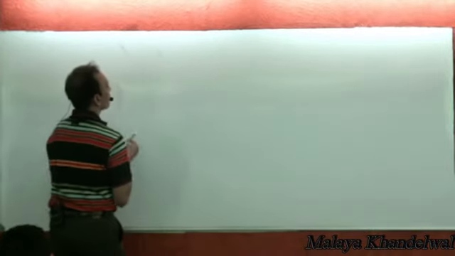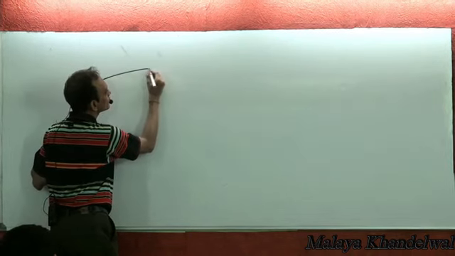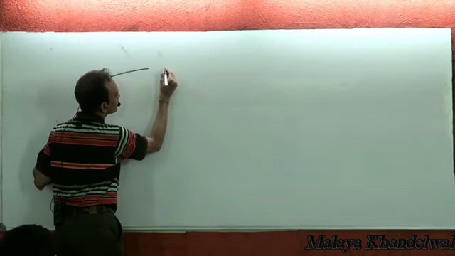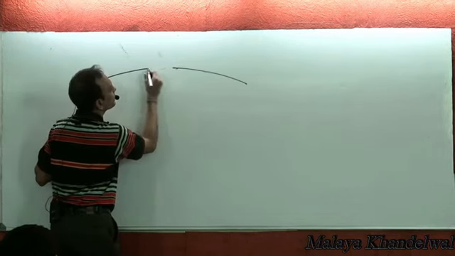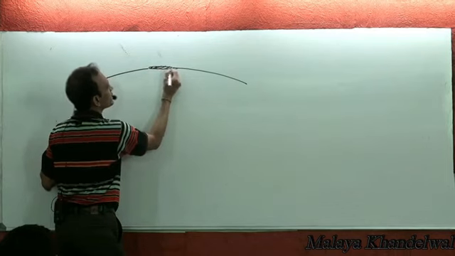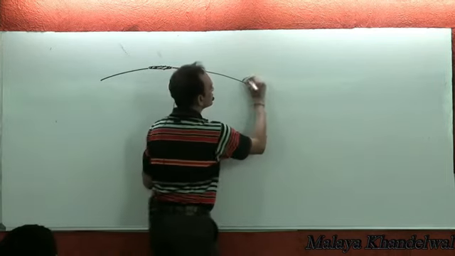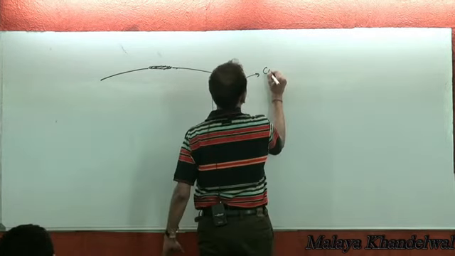See, the small area dA on the surface of a conductor. This is a conducting surface, part of a conducting surface.